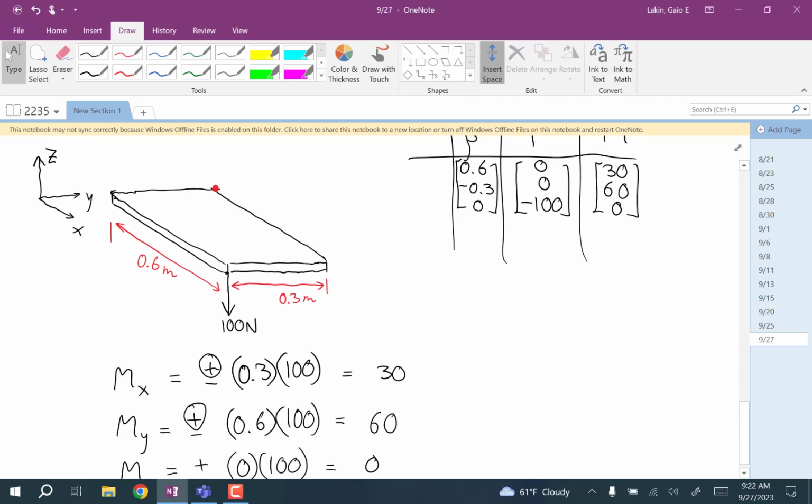How did I get those moment arms? Anyone confused about that? I guess the way to think about that is think of extending the axis all the way through the about point and making it a line, and you're finding the perpendicular distance of that force to that axis.